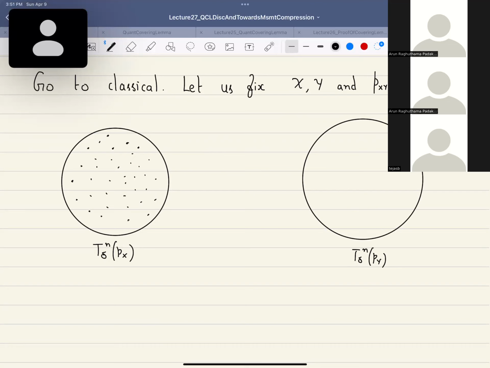If you completely forget the Y, each of these points is essentially picked uniformly at random. As n becomes large, nature is just picking these uniformly at random. Similarly, on the right side, there are 2^(nH(Y)) sequences. If you forget the X, nature is just picking them uniformly at random.